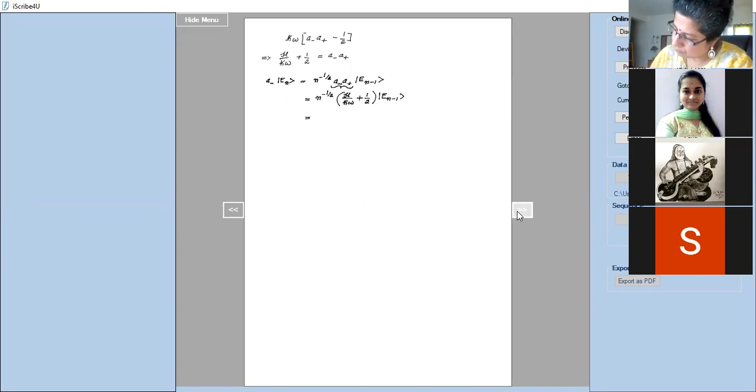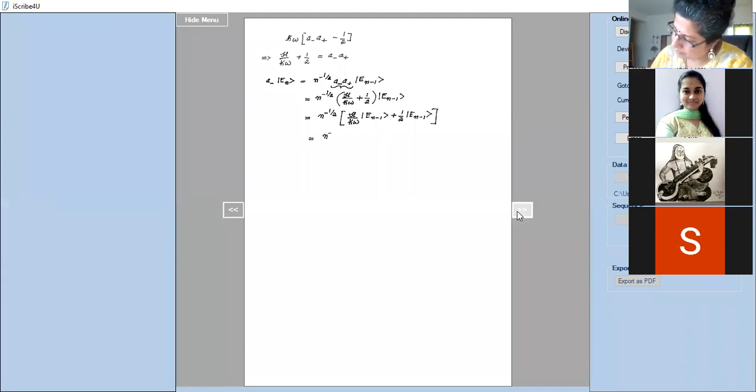So this is going to give us n to the power of minus half, with H by h cross omega acting on En minus 1 plus half acting on En minus 1, right?